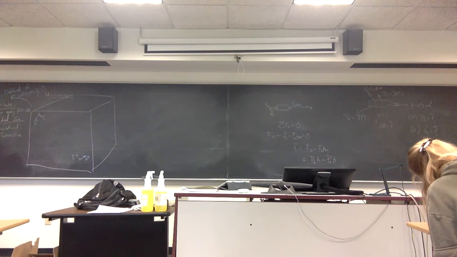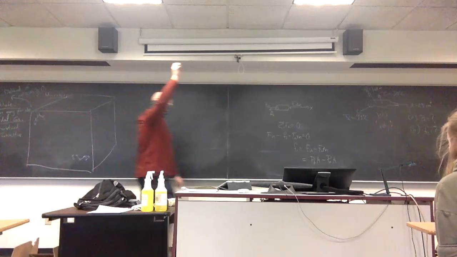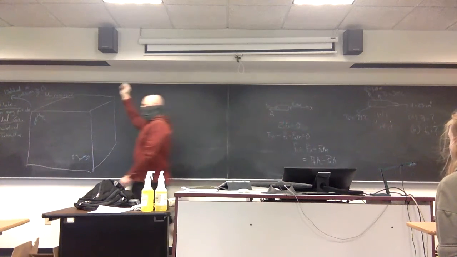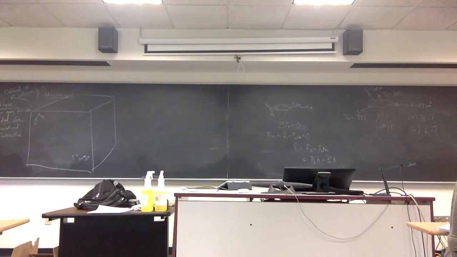So basically, what's going to happen is that this single particle is going to randomly go like this, bounce off the wall, go across the room, bounce off the wall, come back, and then bounce off the wall again.